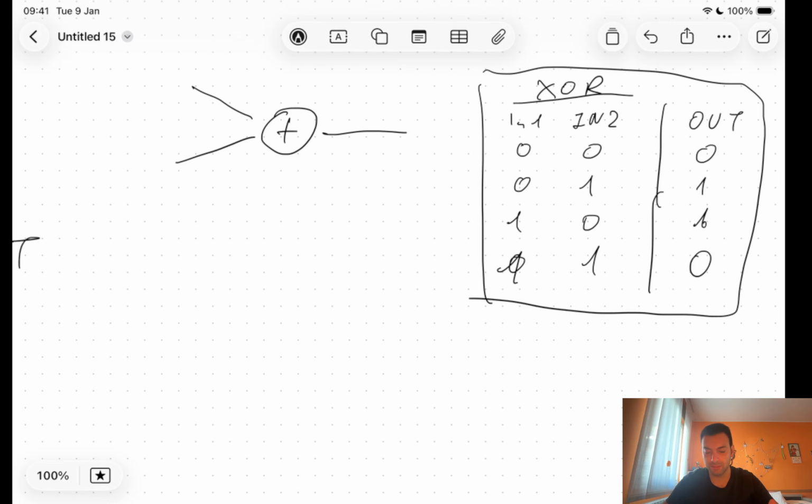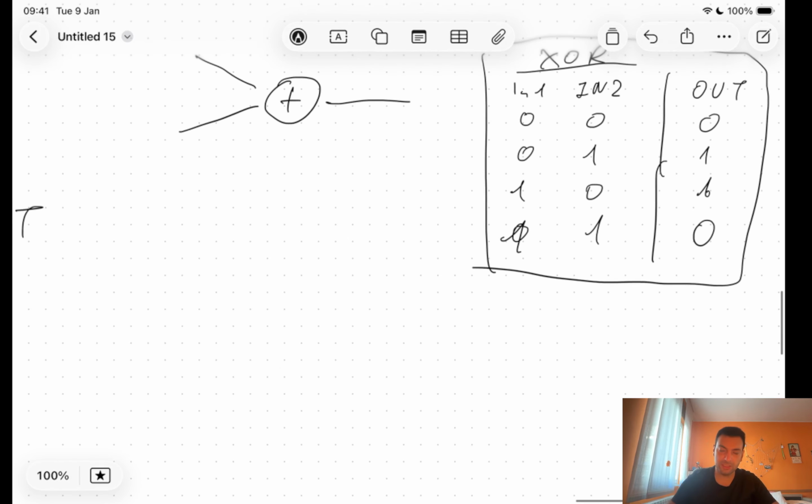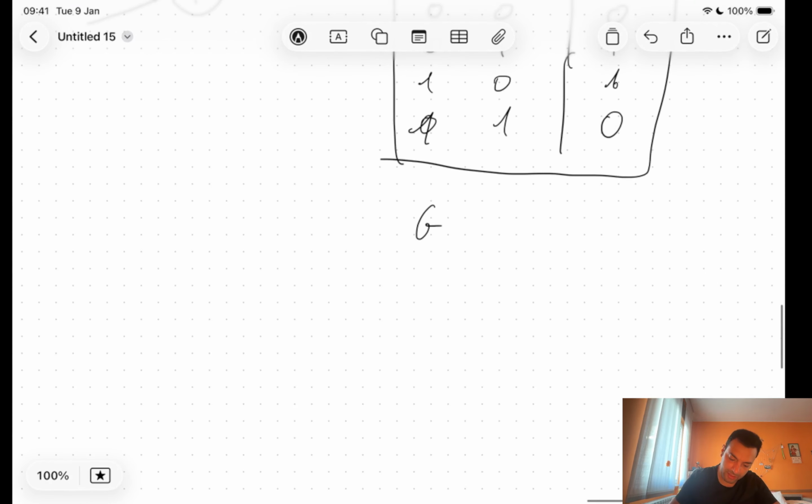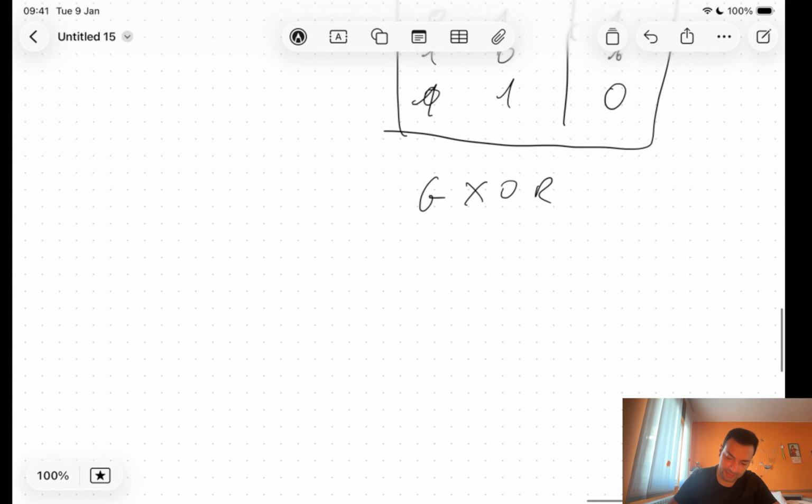So we have the garbled XOR, with input 1, input 2, and output.